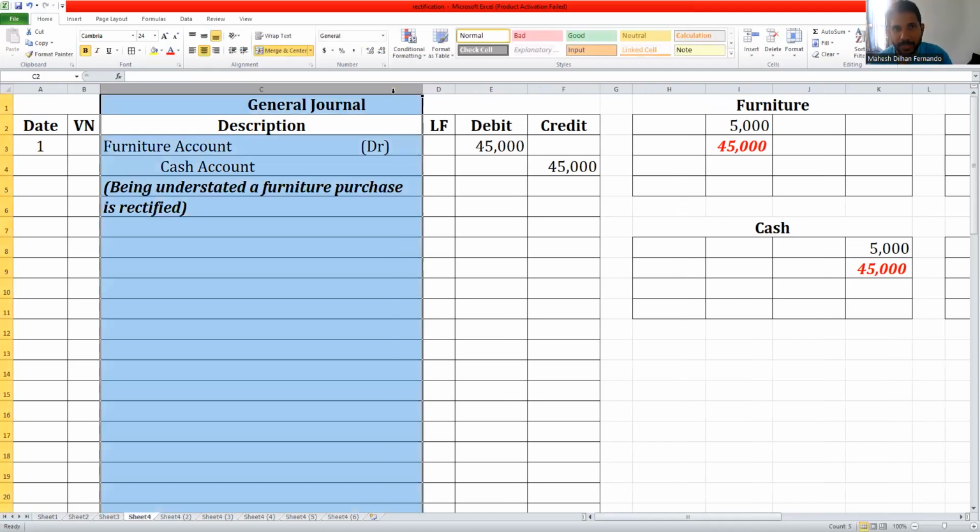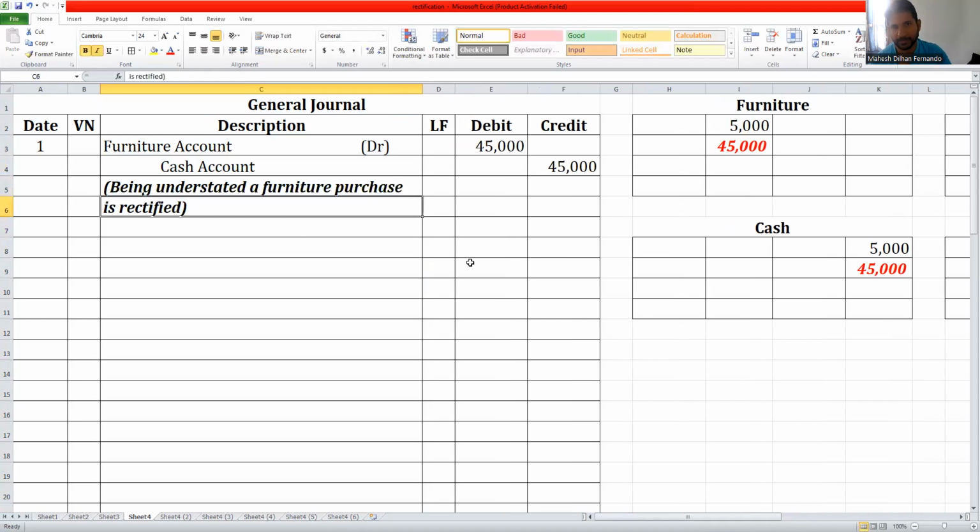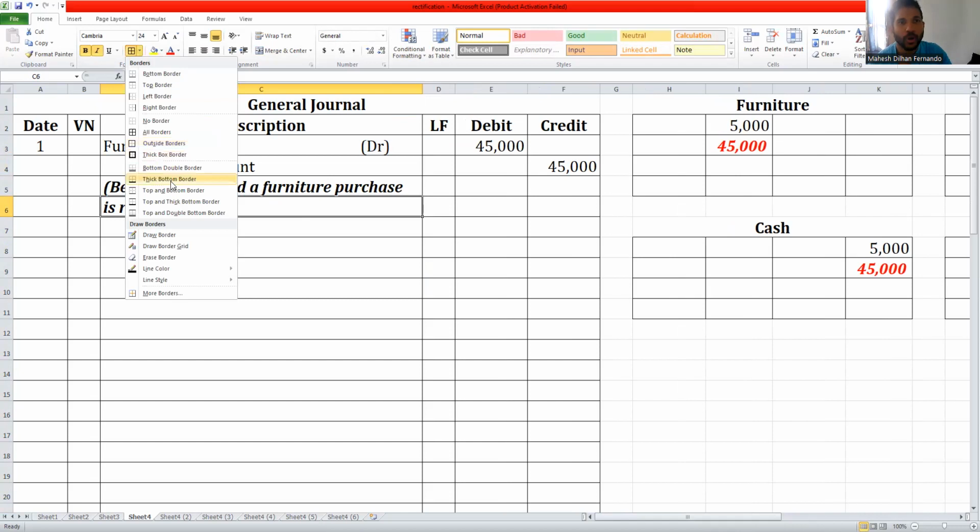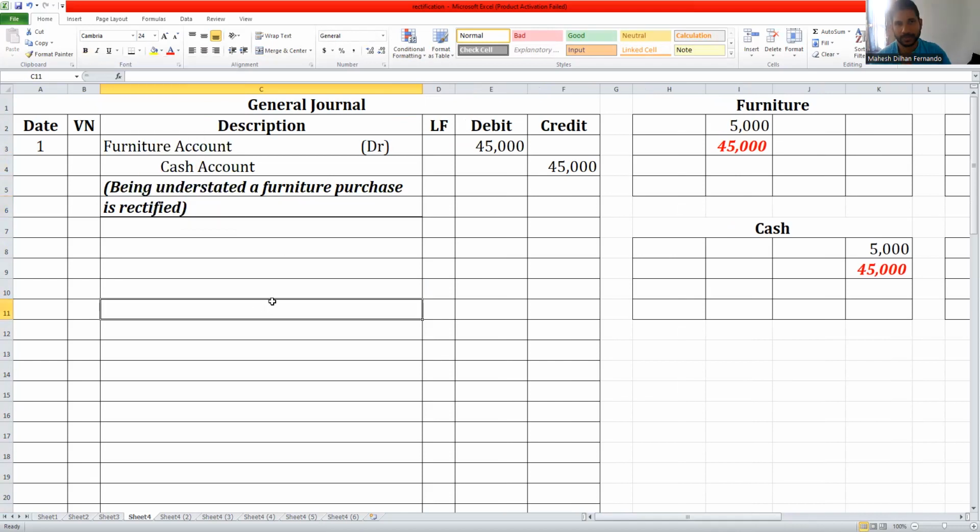Briefly describe the reason for the entry, and after that draw a line to separate only the description column. It drags over here, see, only the description column has to be separated.